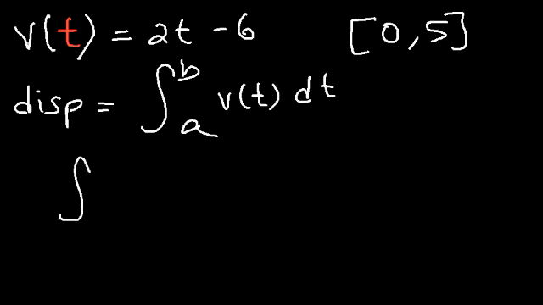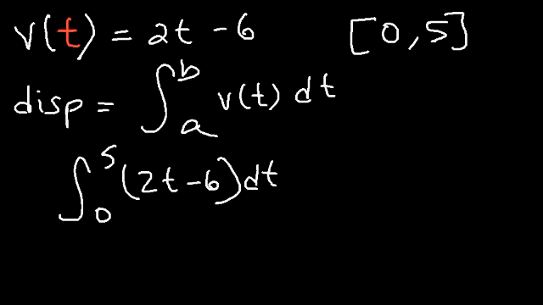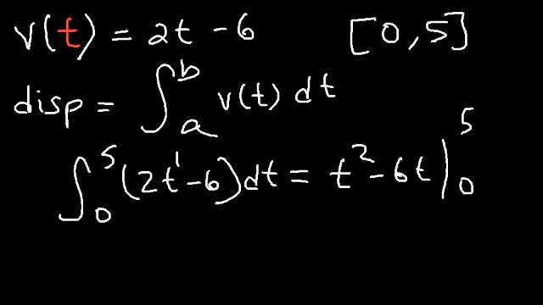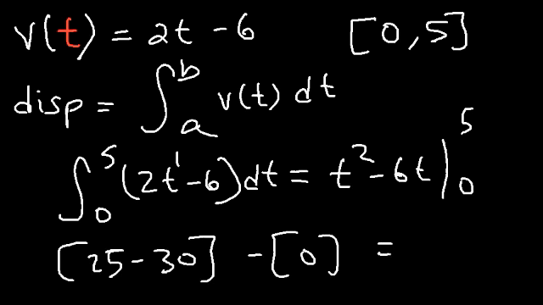So we need to integrate it from 0 to 5 of 2t minus 6 dt. So the antiderivative of 2t is t squared. So it's going to be t squared minus 6t from 0 to 5. So if we plug in 5 squared is 25, 6 times 5 is 30, minus 0. So the displacement is negative 5.